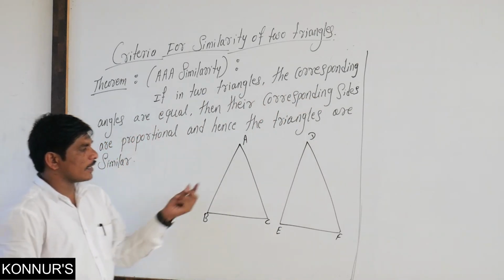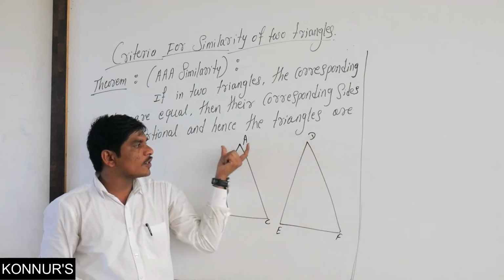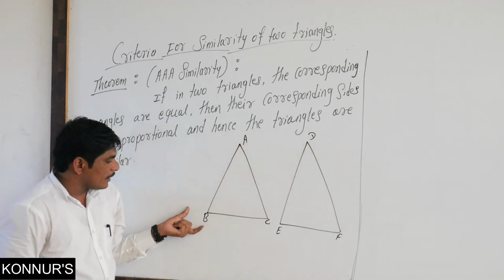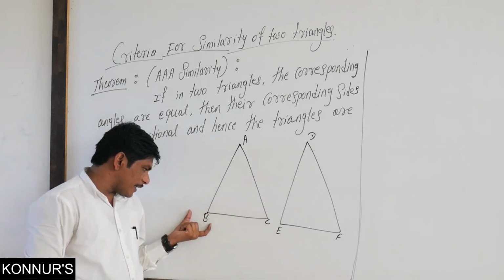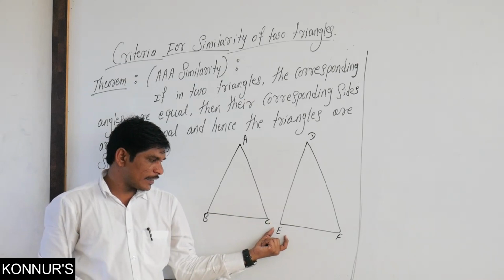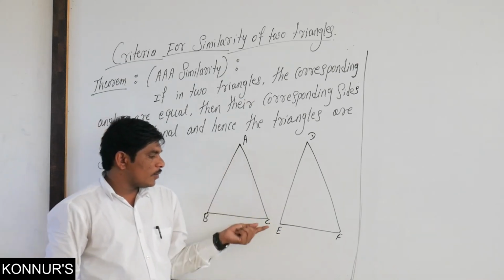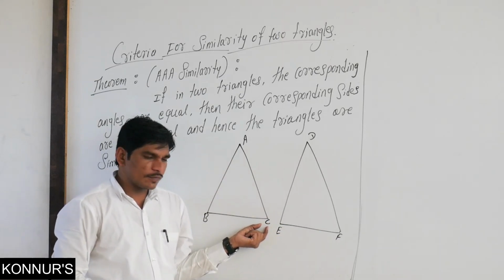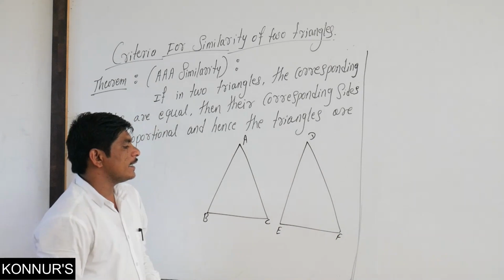Corresponding angles means here we observe these two triangles. Angle A is equal to angle D because both are the apex angles, and angle B is equal to angle E because both are on the left side of triangle ABC and triangle DEF. Similarly, one more angle is C. This is the right side of triangle ABC, and this is also the right side of triangle DEF.